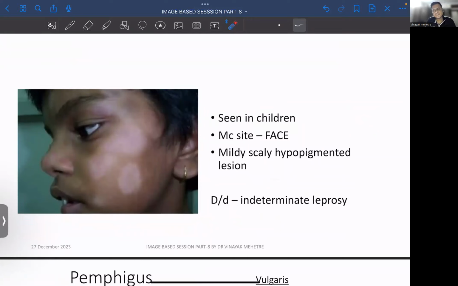What is this? A child presented with a white patch on the face, but there is no loss of sensation on that white patch. This will be called pityriasis alba.